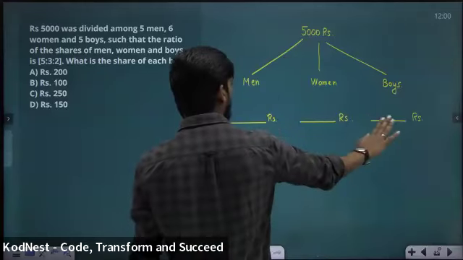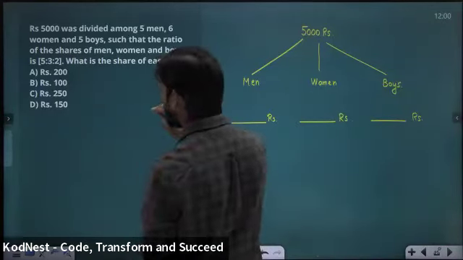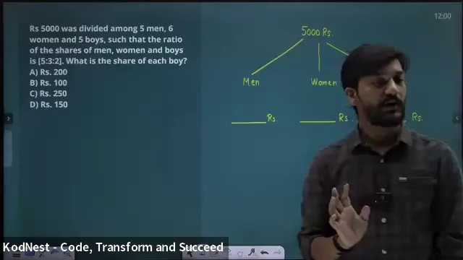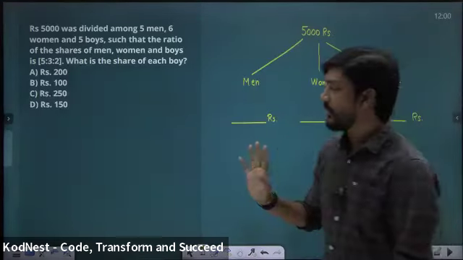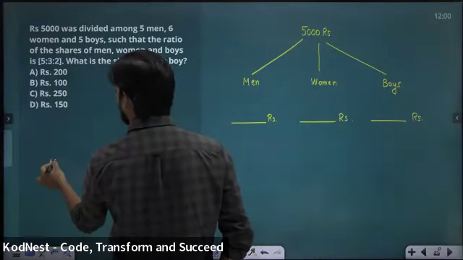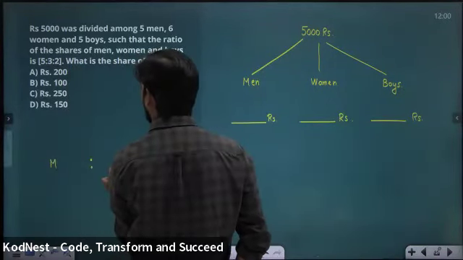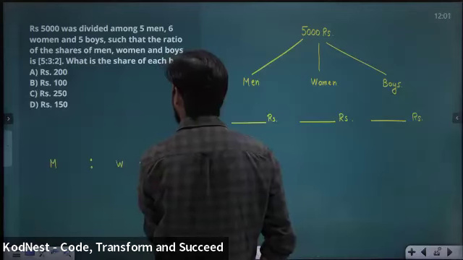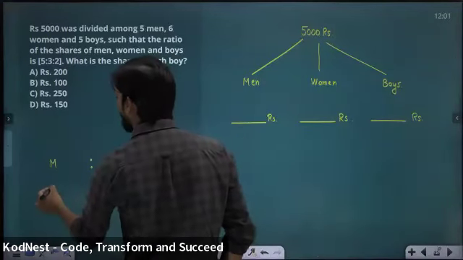Okay. Three values I don't know. But what I know is their ratio. That ratio is given as 5:3:2 for men, women, and boys.